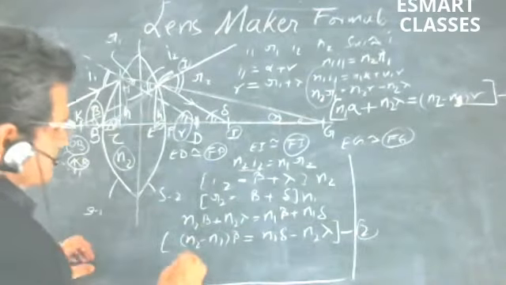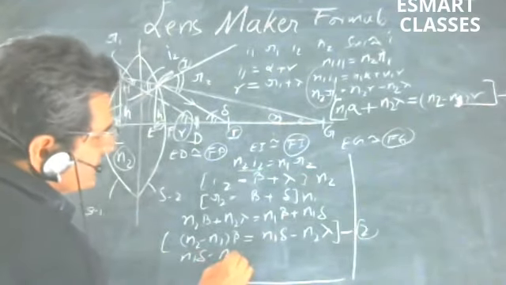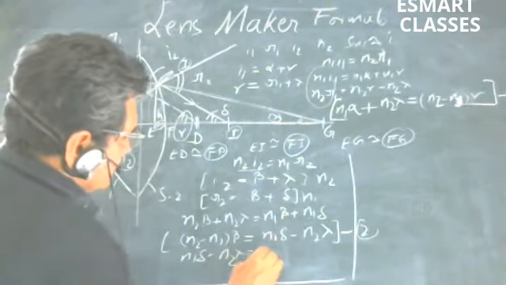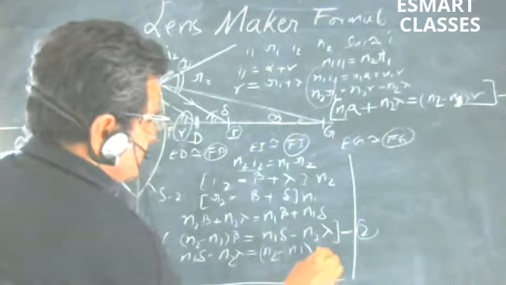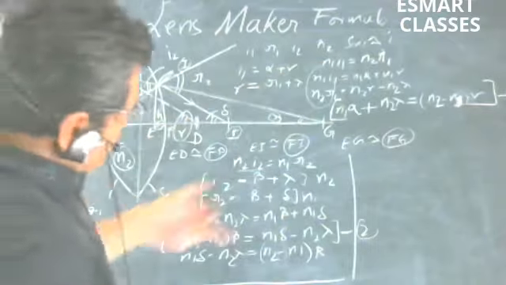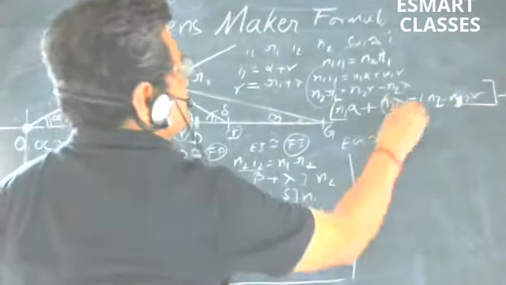We can interchange it. N1 lambda minus N1 delta minus N2 lambda is equal to N2 minus N1 into beta. Add these two equations. N2 lambda gets eliminated.